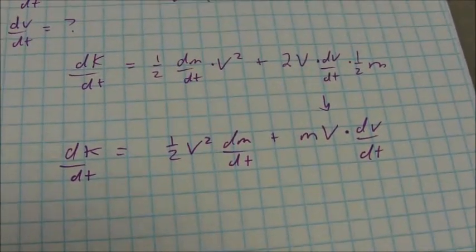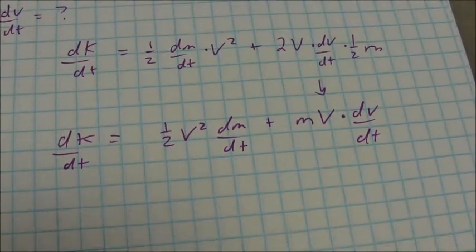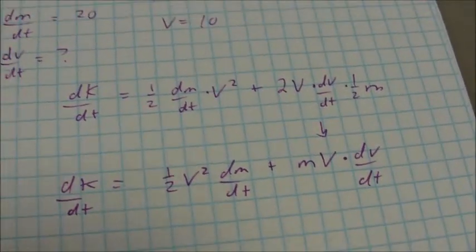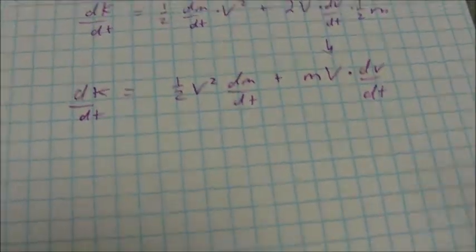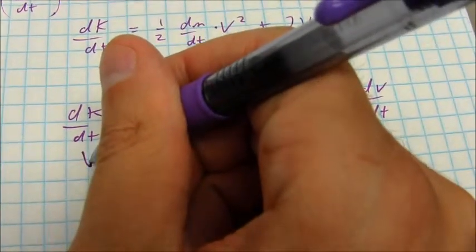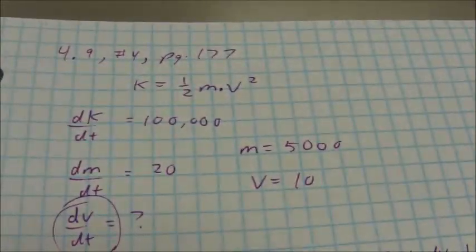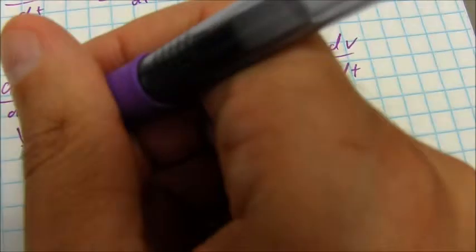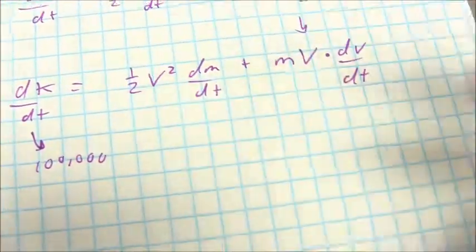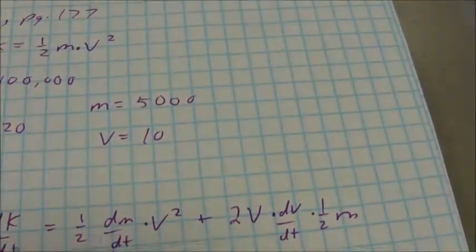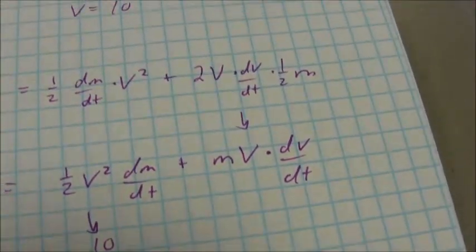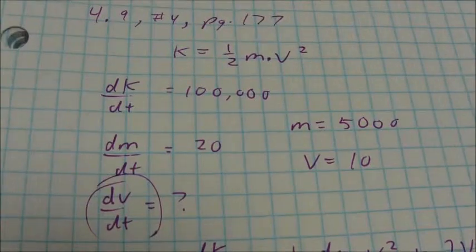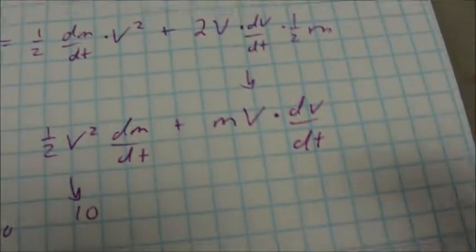Depending on what the problem asks, you can do different things here. I can actually do a straight substitution into the equation now. In this case, I am looking for dv/dt. So I could just substitute in for everything here. I know that dK/dt is equal to 100,000. I know that the velocity is equal to 10. That's going to be 10 squared. I know that dm/dt is equal to 20.